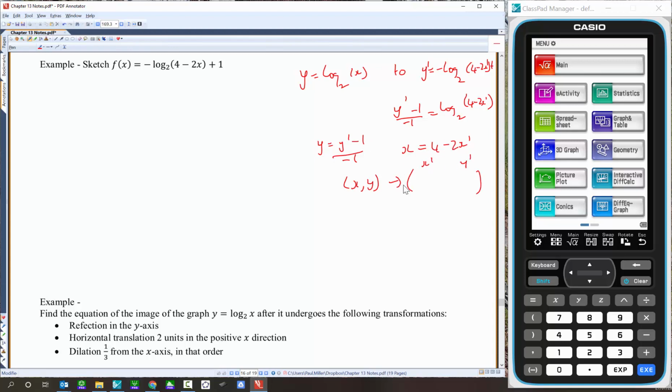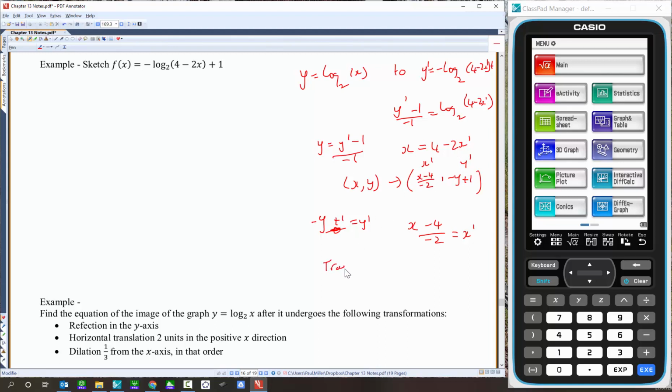So let's do x dash first of all. x take 4 over negative 2 equals x dash. Y dash is going to be negative y plus 1, so negative y plus 1 equals y dash. Okay, so our transformations, let's look at x first.